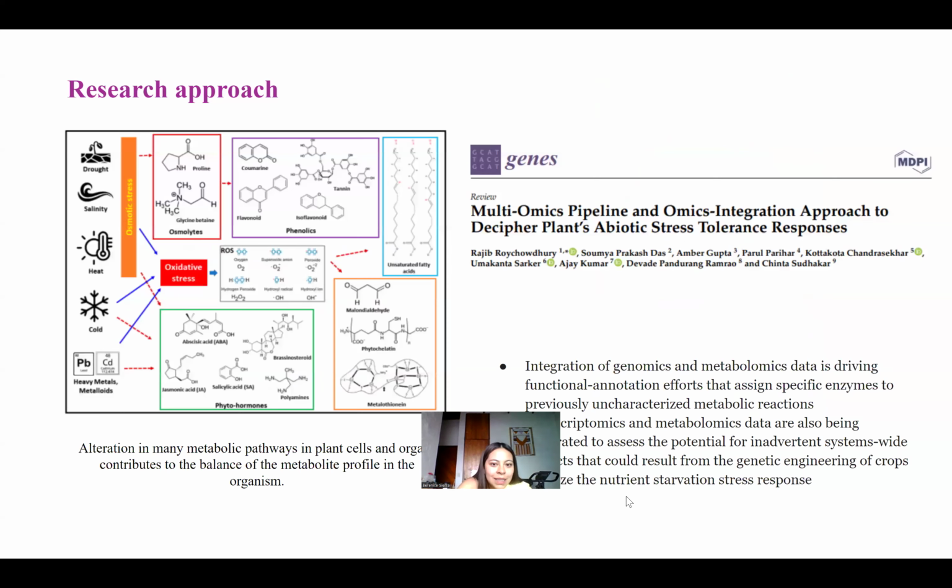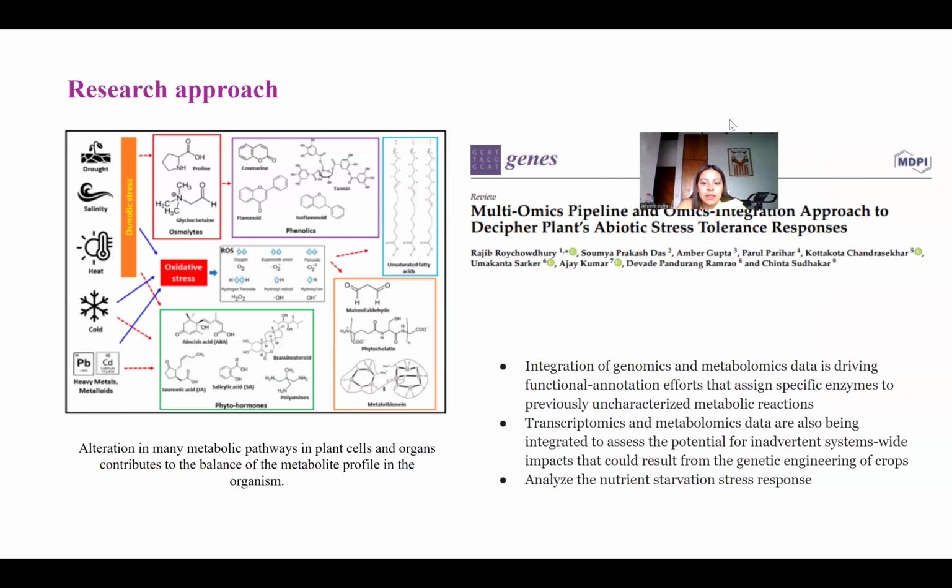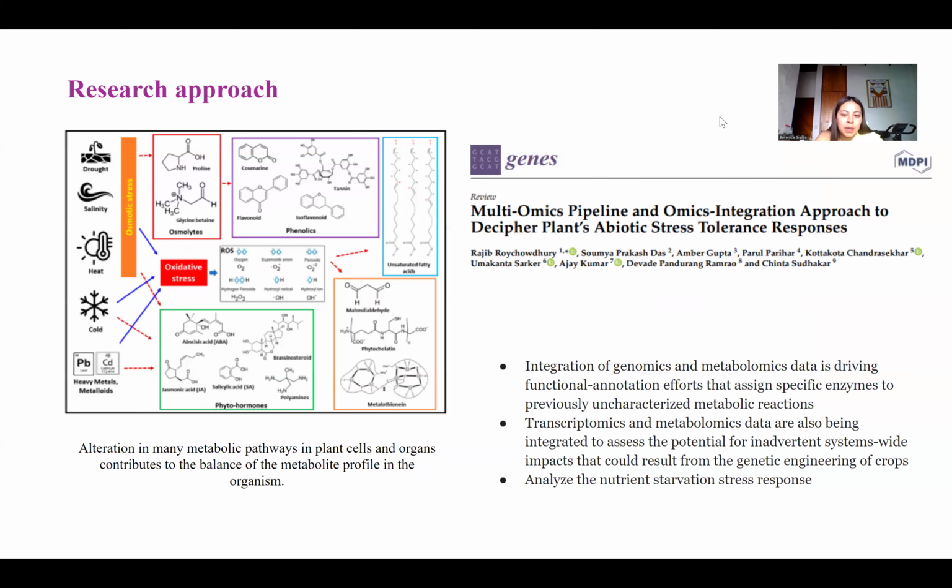Next, please. Okay, another option that seemed interesting to me is the alteration of many metabolomic pathways in plant cells and organs that contribute to the balance of the metabolite profile in the body.